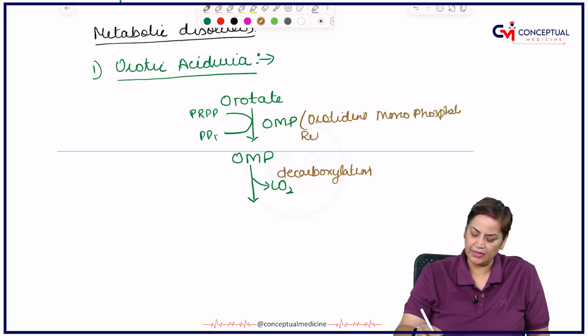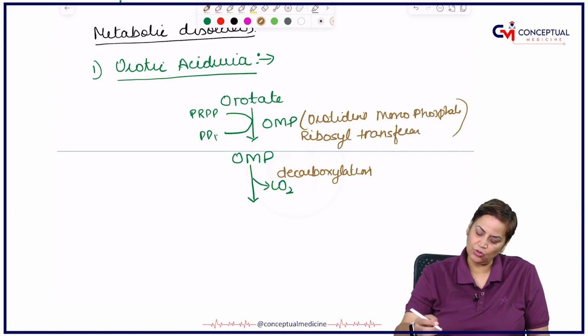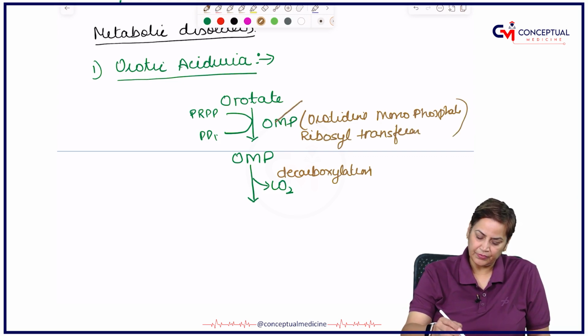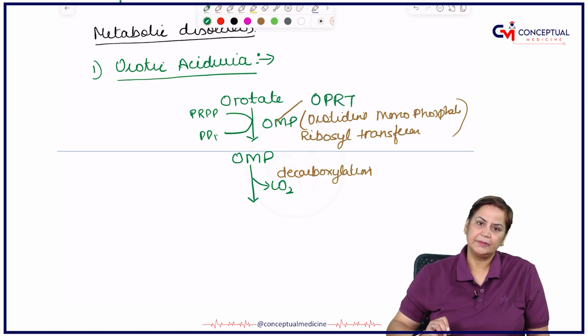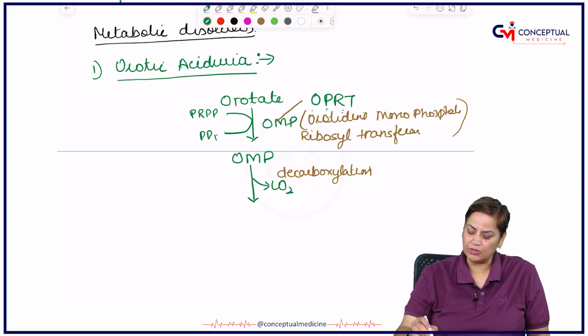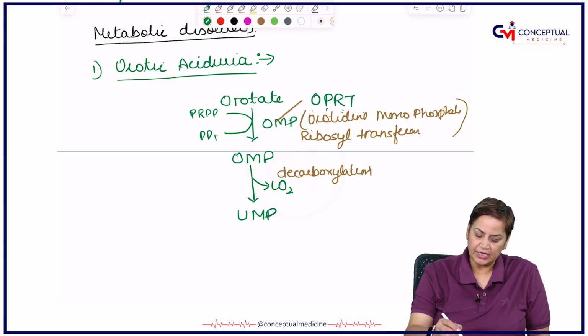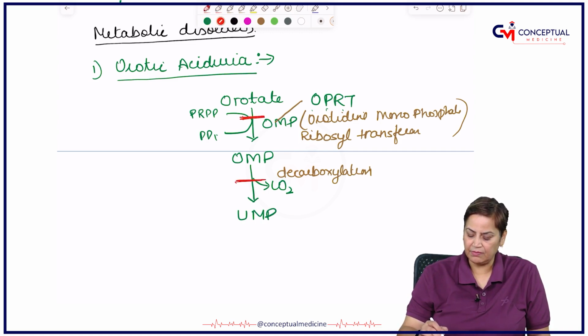Ribosyl transferase. Right, so we can simply call it OPRT also. The other name can be OPRT, orotate phosphoribosyl transferase, and this is decarboxylase, and simply it is forming UMP. Now the question is, this enzyme can be absent and this enzyme can be absent.